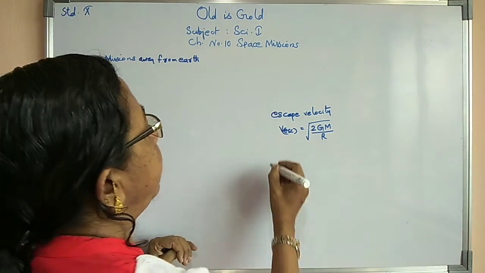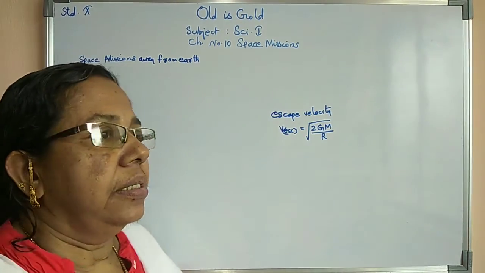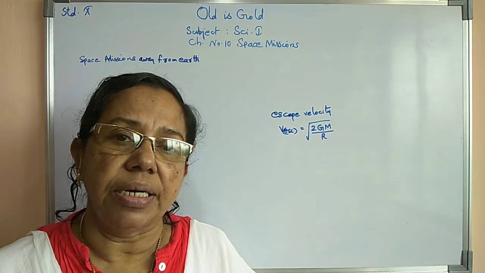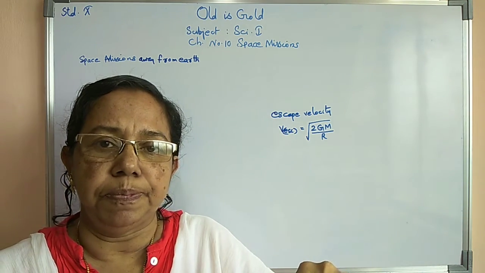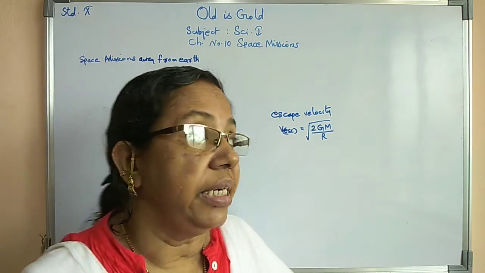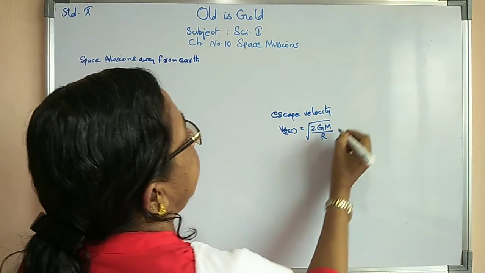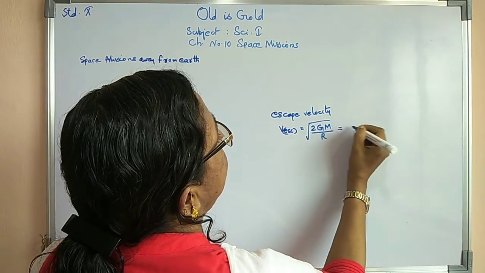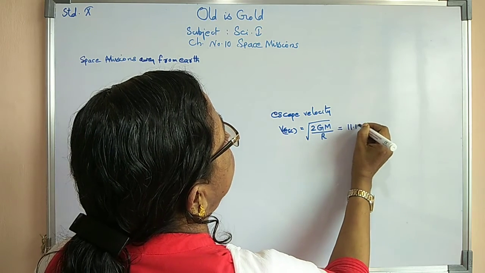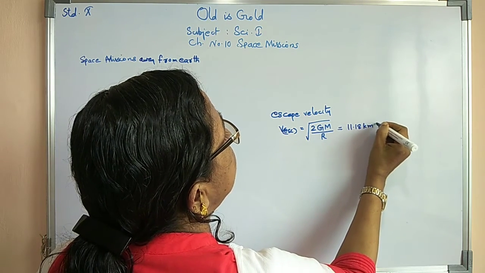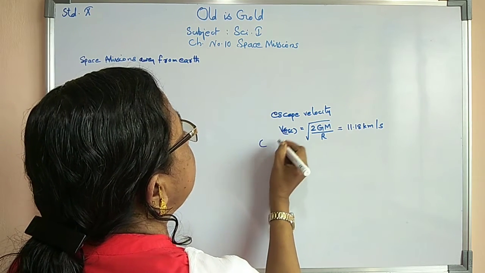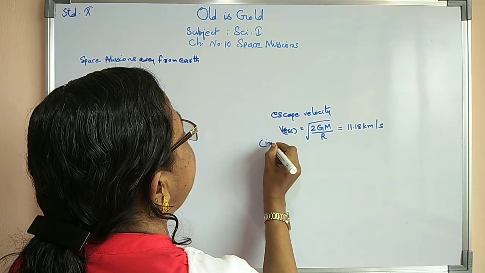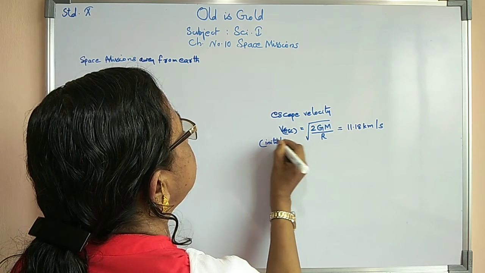So the satellite launching vehicle, just for crossing, needs an escape velocity of 11.18 kilometer per second. Escape velocity, in other words, we can say is the initial velocity.